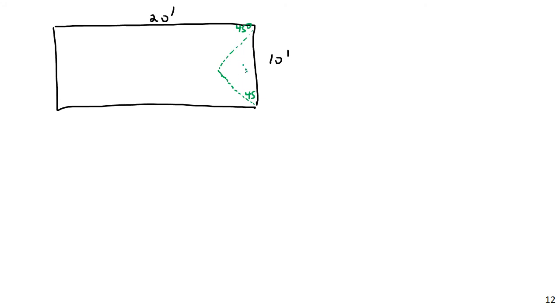However, just by basic symmetry, this line has to meet up at 5 feet. And this would be at 5 feet. Because this is a right isosceles triangle, this would be 5 feet here. The same thing here.